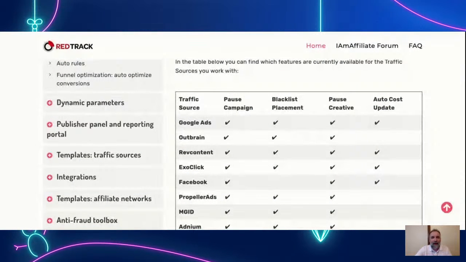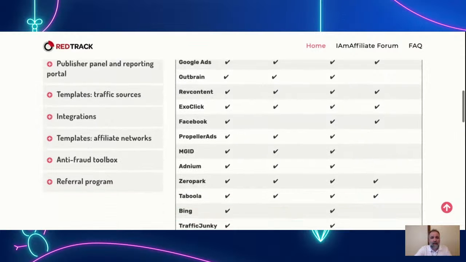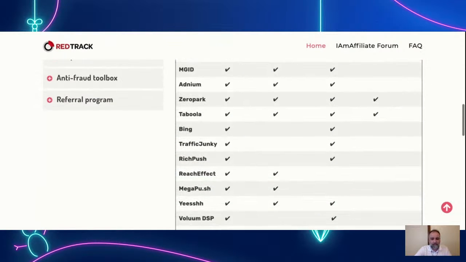Good. Let me repeat. So these are traffic sources for RedTrack, and you can find different traffic sources across different tools. And this is how we see the future, where your traffic is coming from, so your media buying activities.